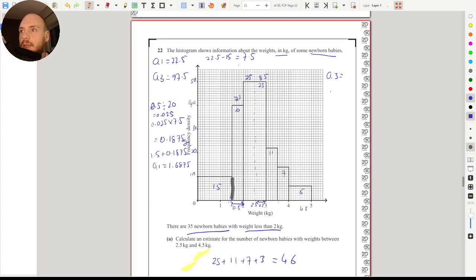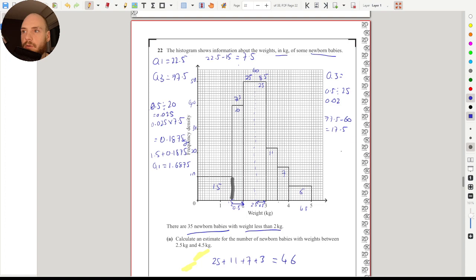So again, it's 0.5 divided by 25 to find out the weight of each block. So 0.5 divided by 25 gives us 0.02. At this point, in the middle here, we're at 60. Now we're looking for 77.5. So 77.5 minus 60 gives us 17.5, and that's how many blocks in we're looking to go.